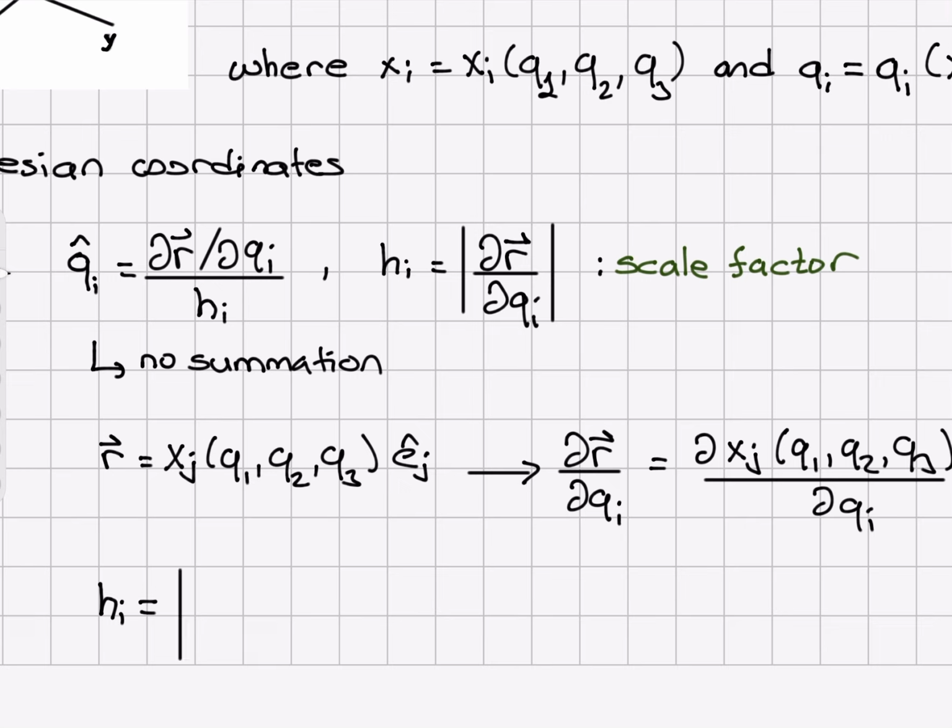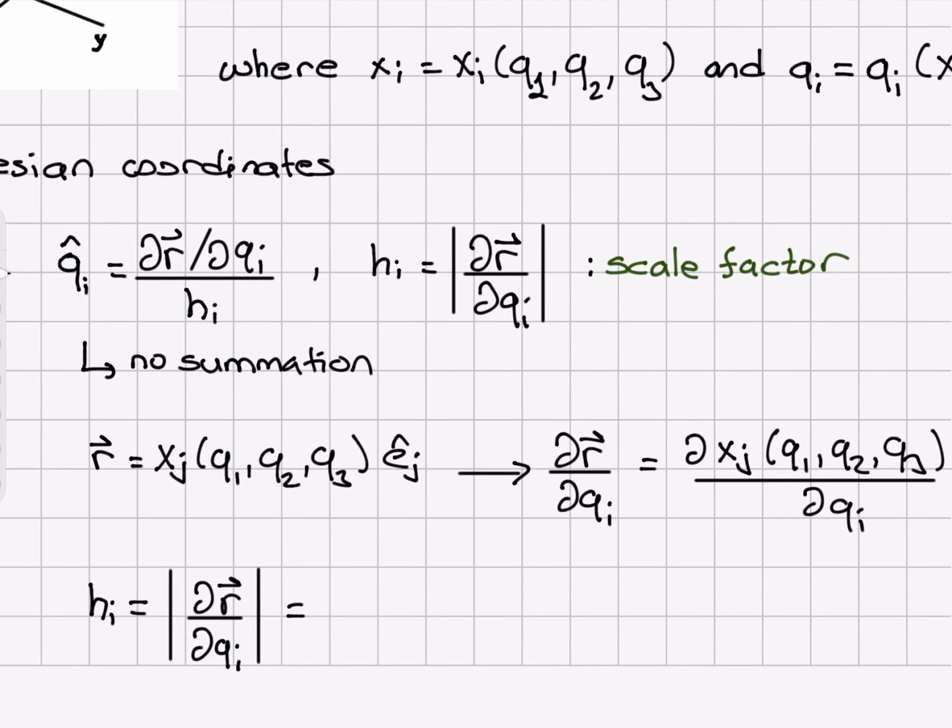the variation of the position vector due to a change in the curvilinear coordinate qi. Now here a summation is implied, so we have x1 e1 hat, x2 e2 hat, x3 e3 hat. So we have to take the derivative of each of them and then take the magnitude.